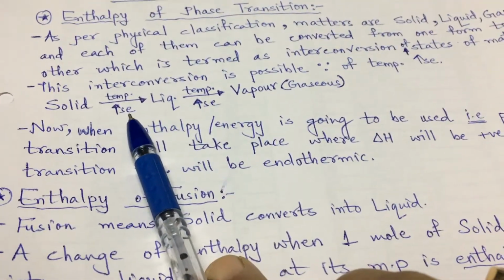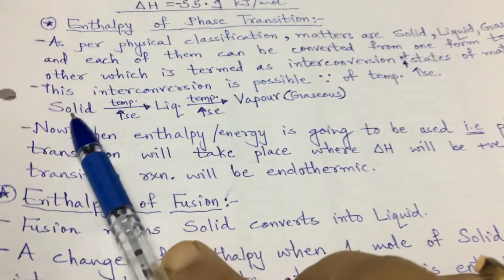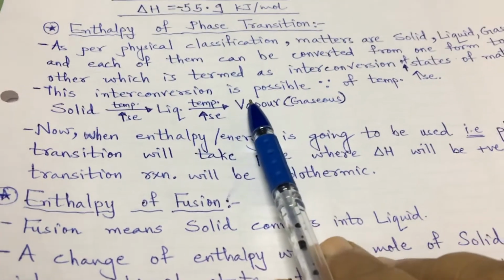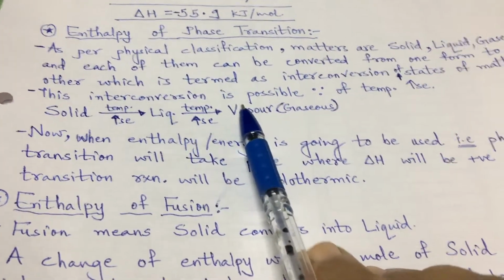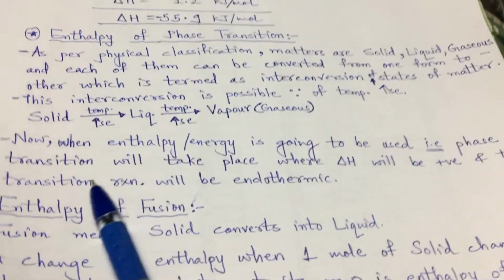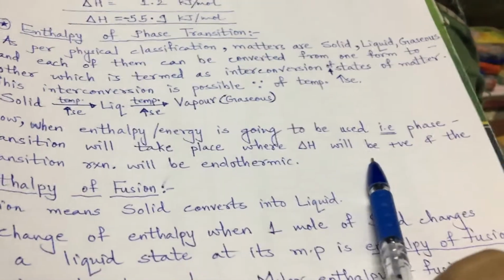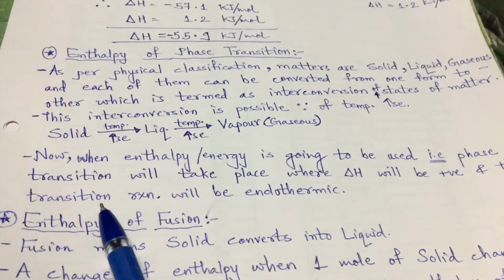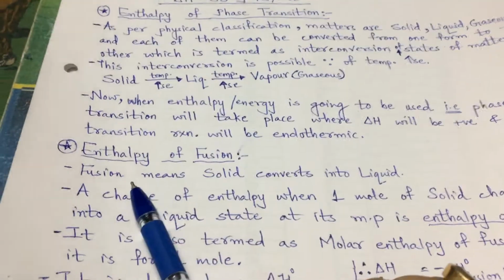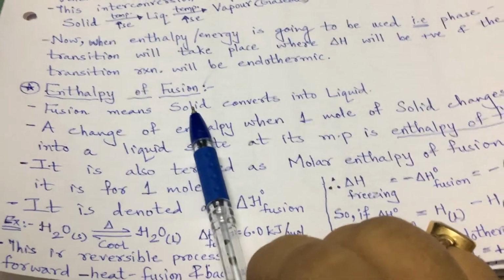If temperature increases, heat energy definitely changes, and one form will convert to another, and that will convert to still one more state. Right? So enthalpy or energy is used for the phase transition, where delta H will be positive, and if it is positive, then the transition will be considered endothermic.